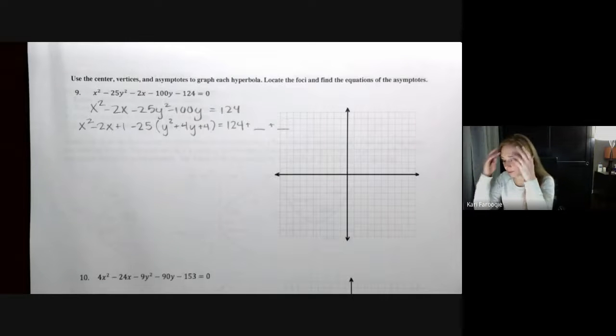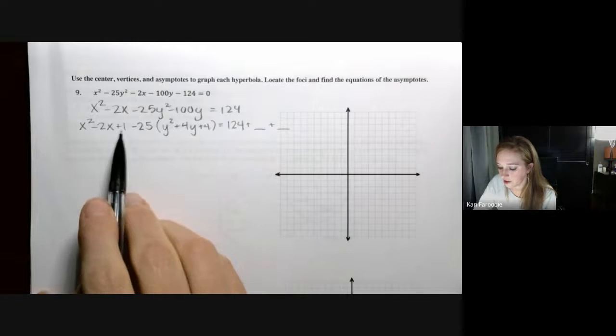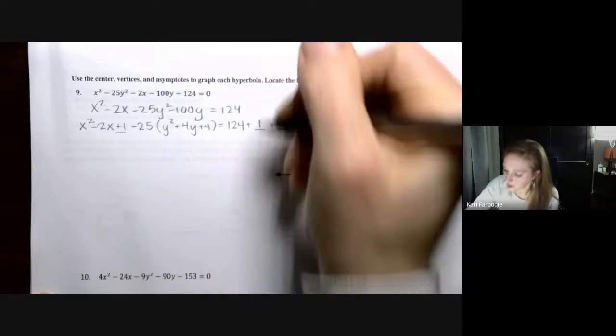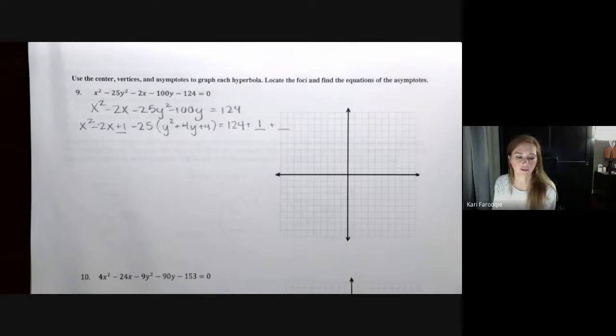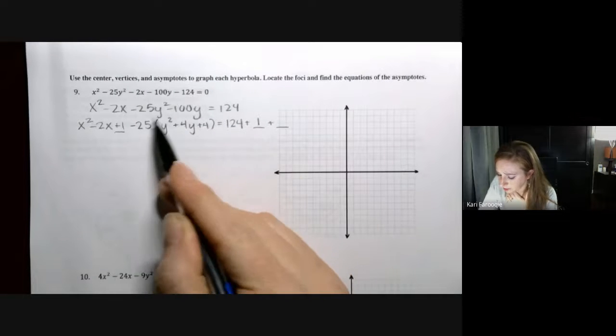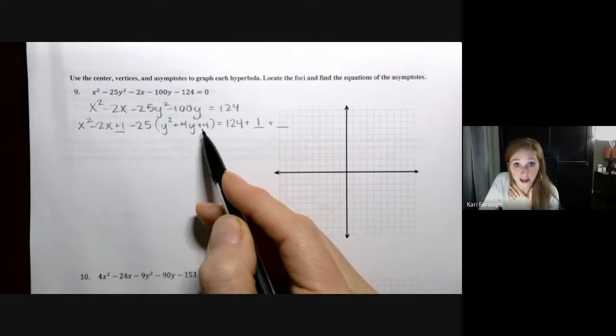Okay. All right, so let's think about what we added in here. On the left-hand side, we added a 1 that wasn't originally there. So we're going to have to also add that to the right to keep this balanced. And then be very careful because in the second set here, we didn't really just add 4.